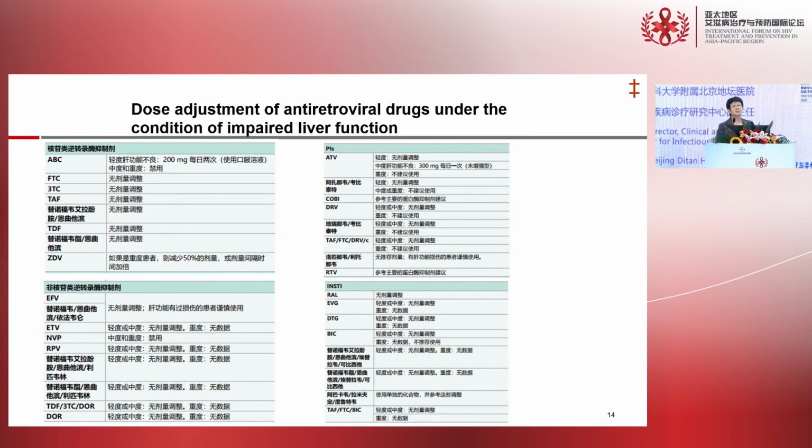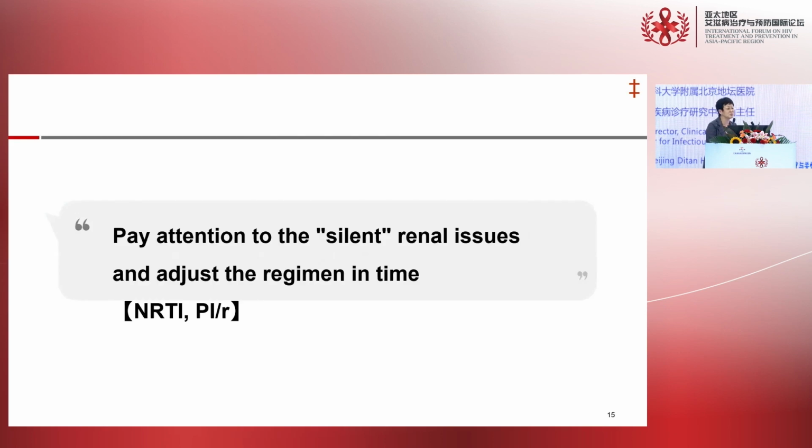ABC should be adjusted for patients with liver impairment because ABC is mainly metabolized by the liver. However, for other drugs, you don't need to adjust the dosage if the patient has a liver impairment. So the second class is renal side effects.